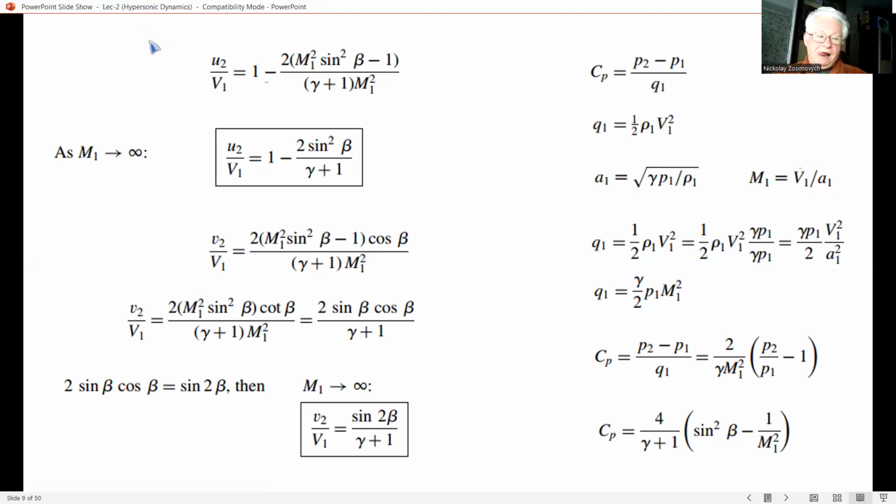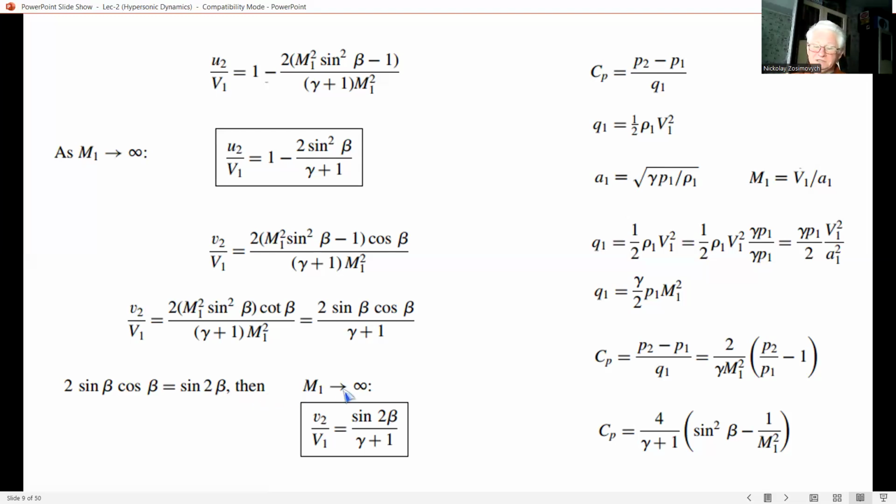So note from the left equation that both p2 over p1 and essentially T2 over T1 become infinitely large as M1 goes to infinity.